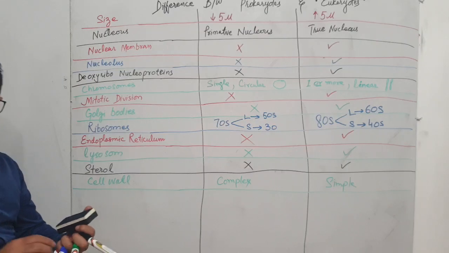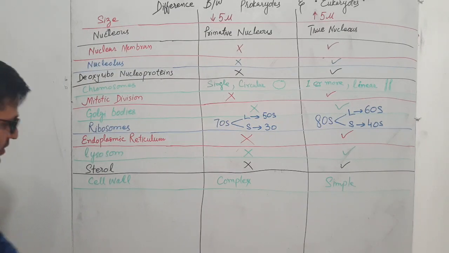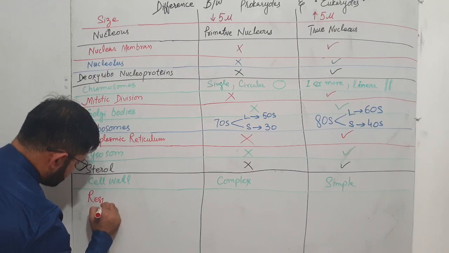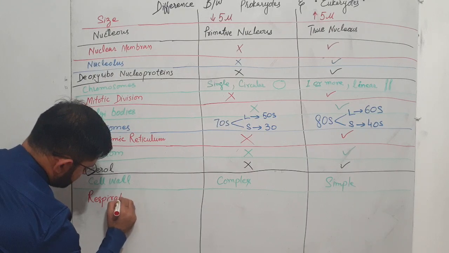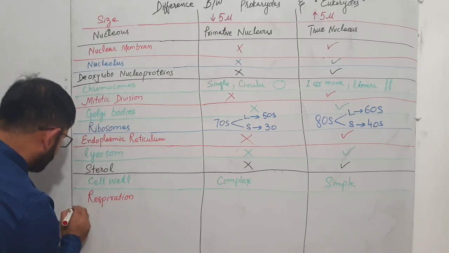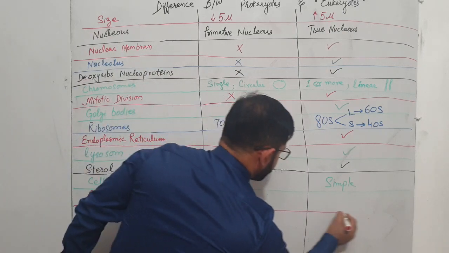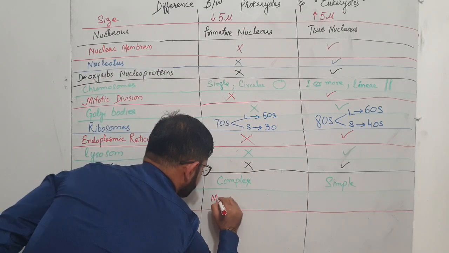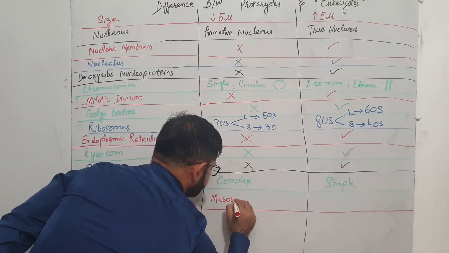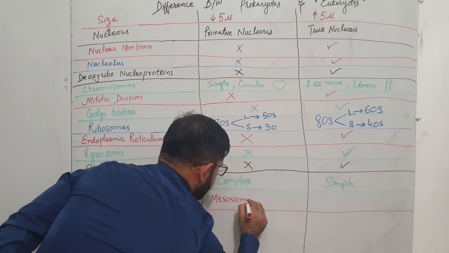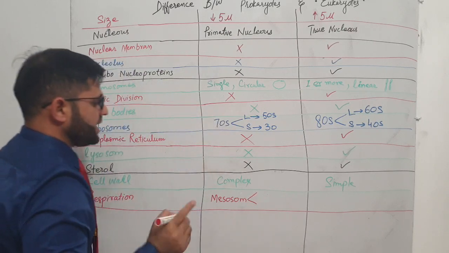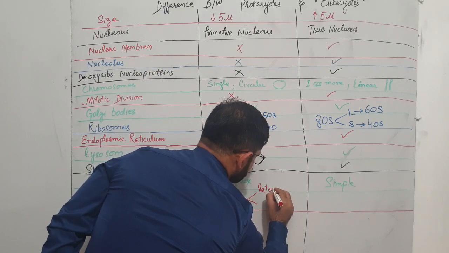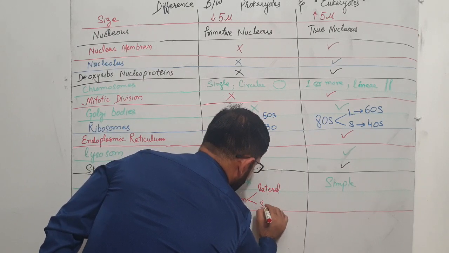Okay. Now the process of respiration. The respiration process in the prokaryotes is done by mesosome. And mesosomes are of two types, lateral mesosome and septal mesosome.